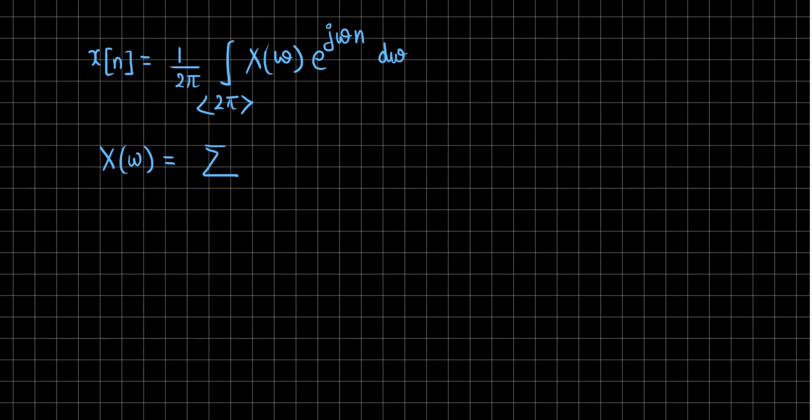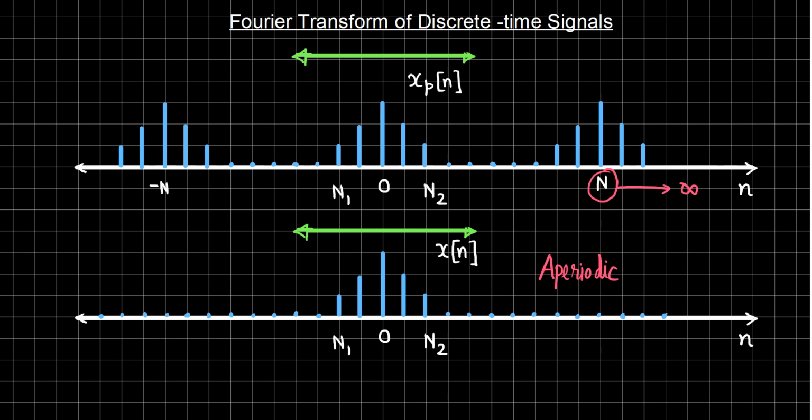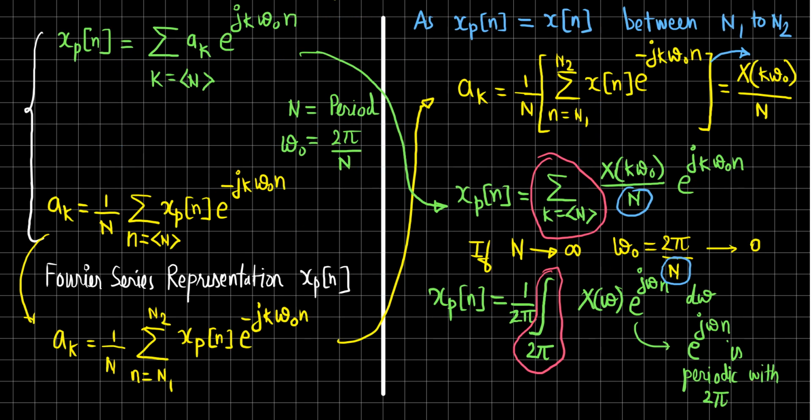So in general, the expression would be the summation over n from minus infinite to infinite, x of n e power minus j omega n. Why omega? Because we have seen that this k omega naught is going to be a continuous variable, that is going to be omega.